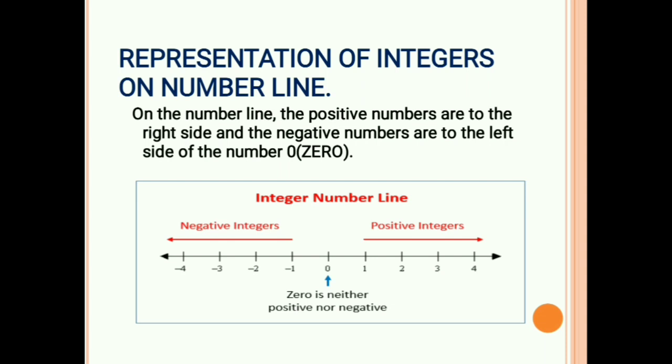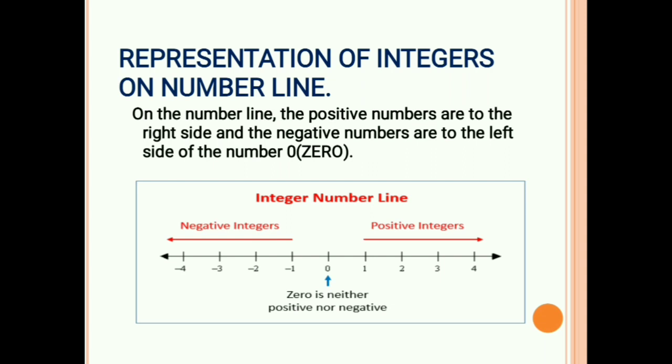So the number which is on the right hand side is greater than the number which is on the left hand side, and that is the reason all positive integers are greater than 0 and all negative integers are less than 0.